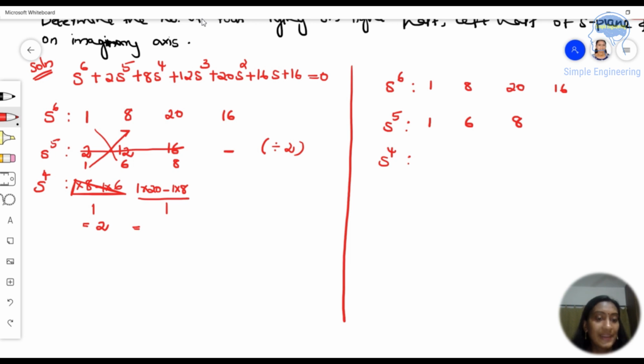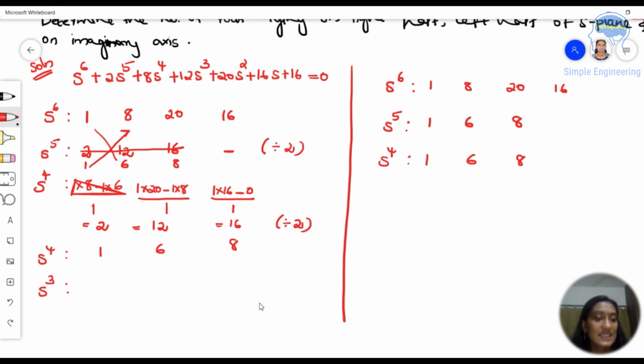So you will get 20 minus 8, which will be equal to 12. Next you have to find this term. You have 1 into 16 minus, here you don't have any element, that is 0 into 1, which is equal to 0 by 1. So this will be equal to 16. So you have 2, 12 and 16. Again if you divide this by 2, you will get 1, 6 and 8. So here s power 4 will be equal to 1, 6 and 8. So you can write it over here, which is 1, 6 and 8.